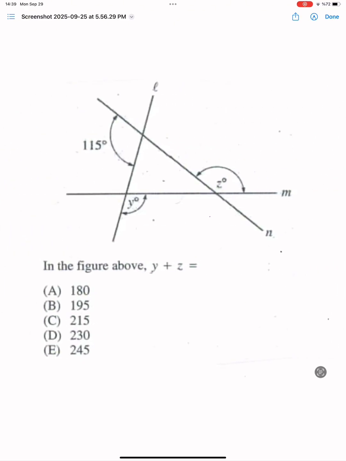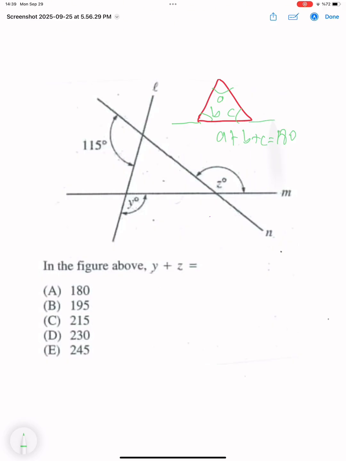Okay, in this question, if you know the formula, then you are just fine. So we know that in a triangle A plus B plus C is 180. But what about these outer angles, K, L, and M?